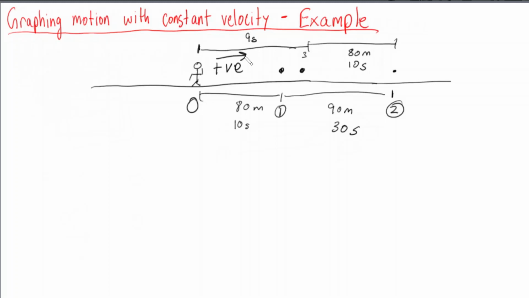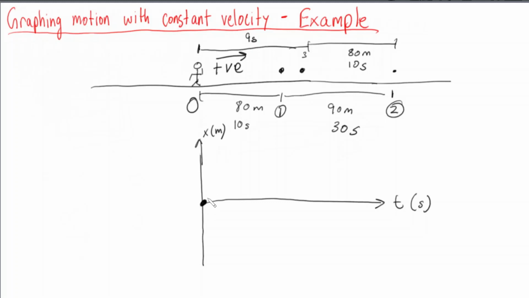So let's go ahead and sketch out what our displacement time graph would look like. We've got x on our y-axis, and we've got time on our x-axis. I might just make this graph a little bit smaller so we don't draw over the diagram. So we've got x in meters. We know that the starting point is going to be 0, 0.